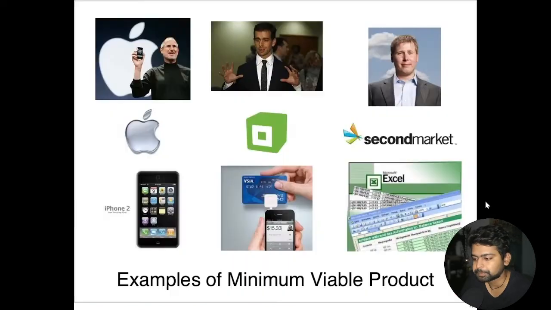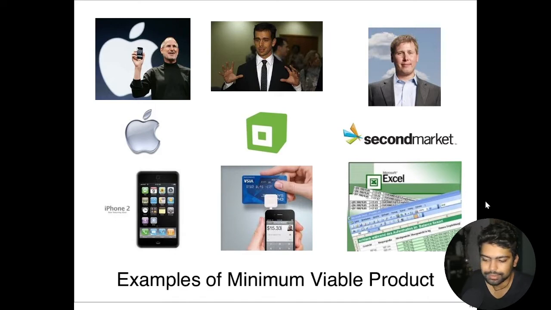Stay with it. There are some examples of successful MVPs that later on turned into successful products. First of all, iPhone 2 from Apple was an MVP. Then they literally scaled it. Now we know where exactly Apple is. Second one, I don't know what exactly the product is, so I won't really comment on that.